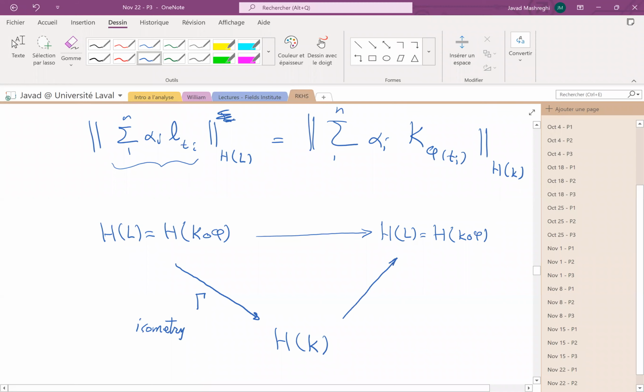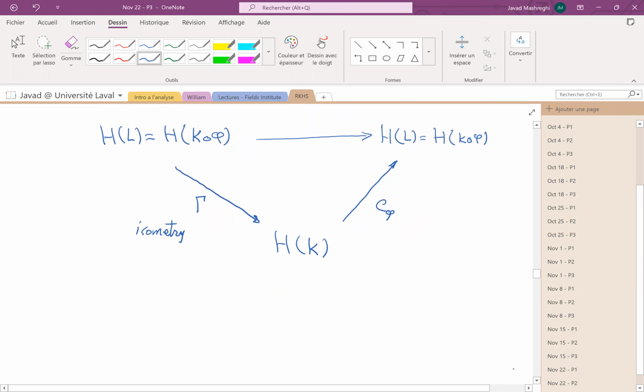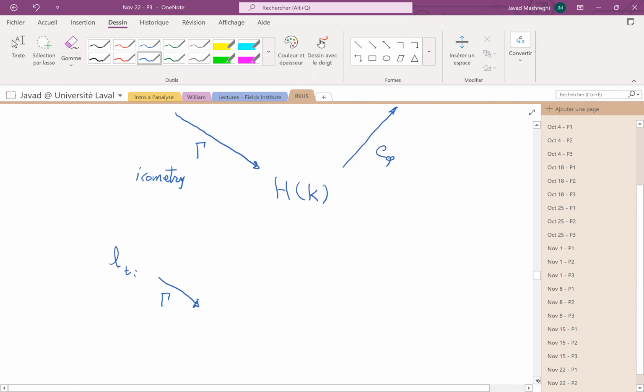And here, consider the composition with C of phi. What do I obtain? If I start with l at Ti here, gamma gives me K at the point phi Ti. And when I compose with C phi, note that C phi acts on the argument.